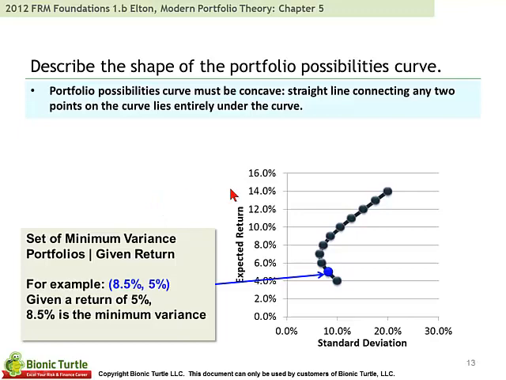So here we have the portfolio possibilities curve, which Eldon says must be concave. And notice here, this line represents, first of all, a plot of expected return against standard deviation, and it's the set of minimum variance portfolios. So that is to say, for each expected return, here is the minimum variance, which would also correspond to the minimum standard deviation.